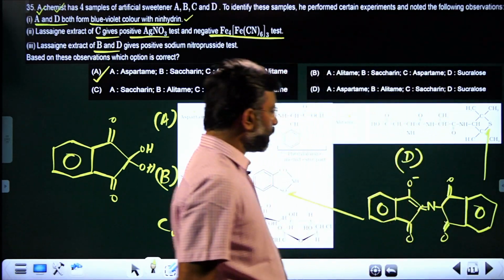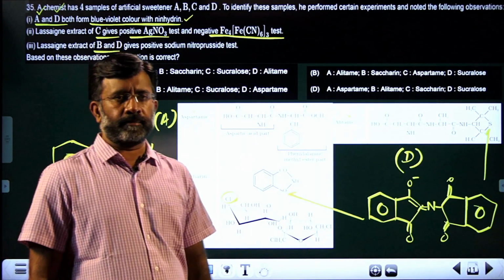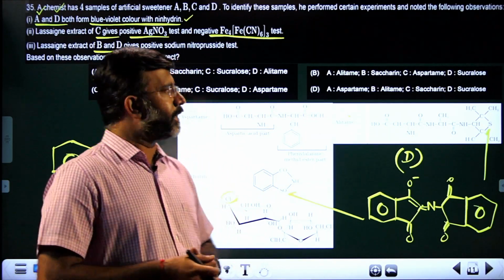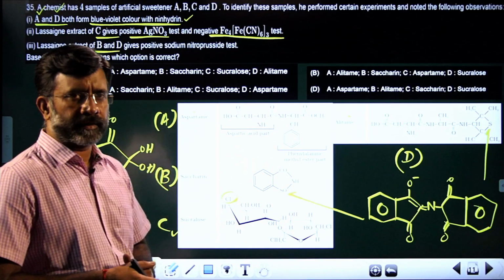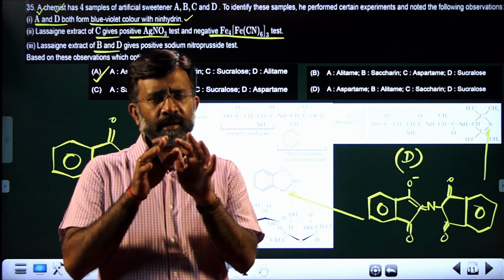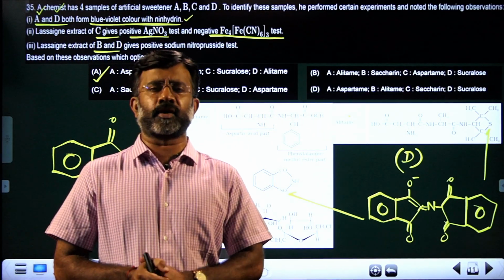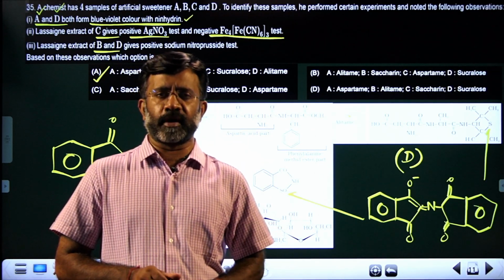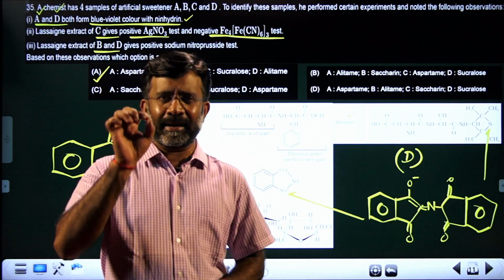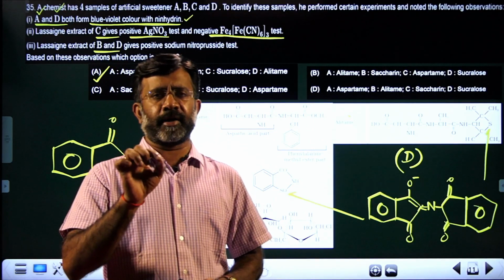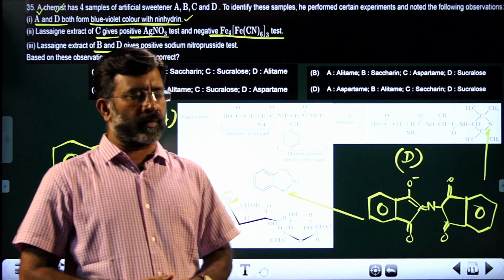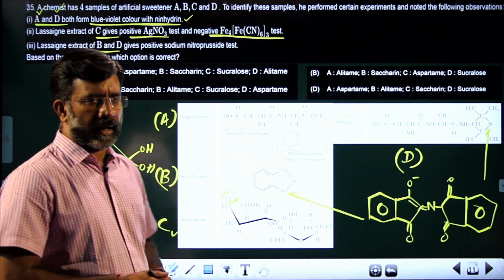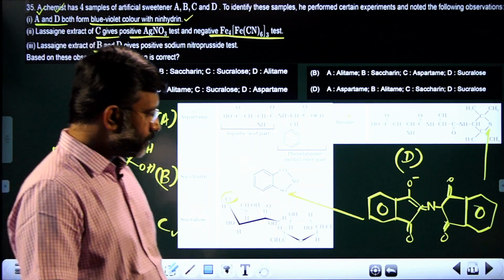This is the ninhydrin product obtained. It gives a coloration, right? With these hints given regarding the nature of the molecules, we are supposed to identify which molecules are referred to in the choices, based on the characteristic entities and specialities of the artificial sweetener molecules, namely aspartame, saccharin, sucralose, and alitame, right? Next.